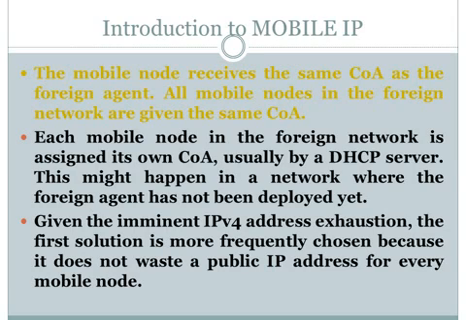So the care of address corresponds to the IP address of the foreign agent. So all nodes that move from the home network to the foreign network will be given the same care of address as that of the foreign agent.